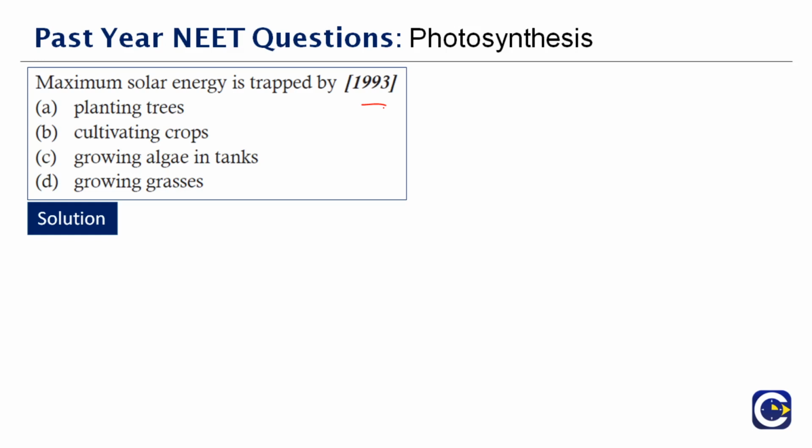Damp areas, moist areas, if there's too much water, if the water is stagnant, it doesn't care, it grows. So maximum solar energy is trapped by the growing algae in tanks. Algae are the most efficient photosynthesizing organisms.